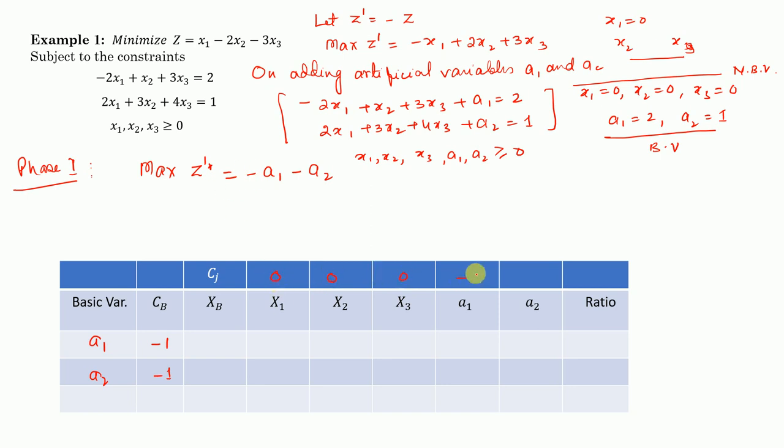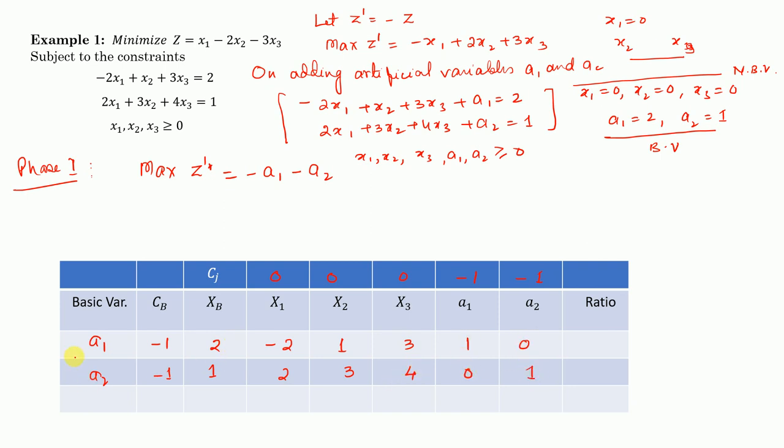This is minus 1, this is minus 1. xb is the value of basic variable, so this is 2 and 1. Now these are the coefficients of x1, x2 and so on, so here you will write minus 2, 2, 1, 3, 3, 4, 1, 0, 0 and 1.